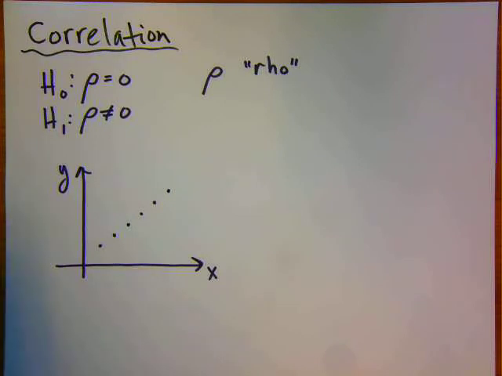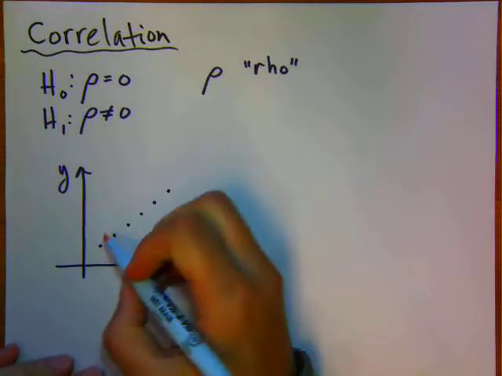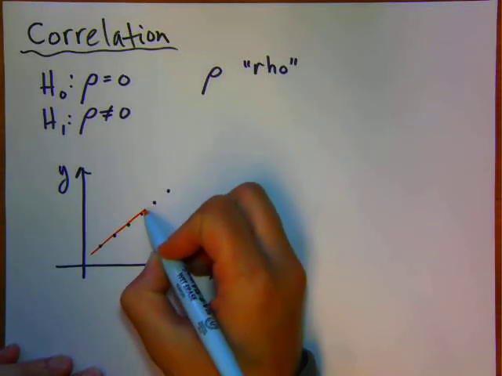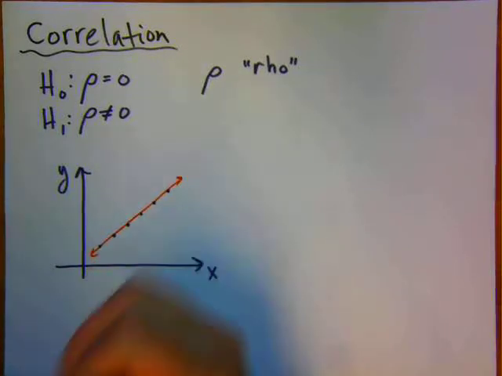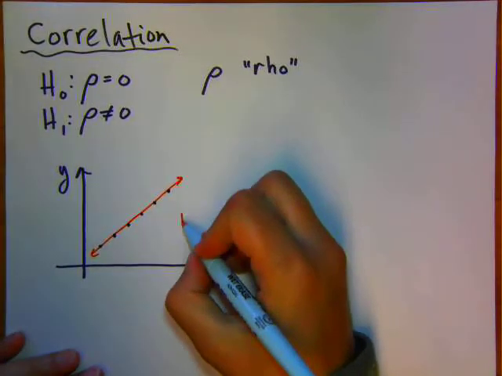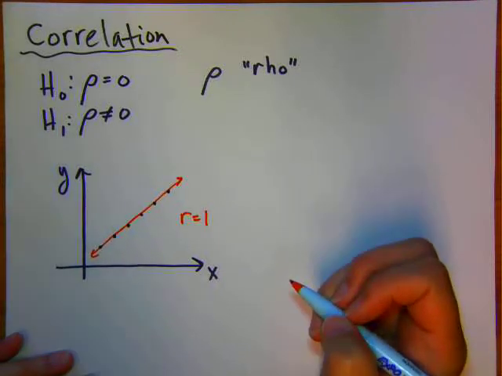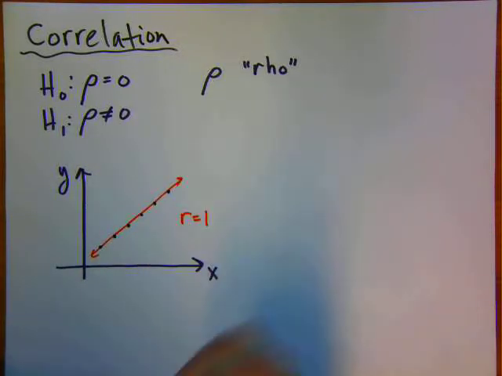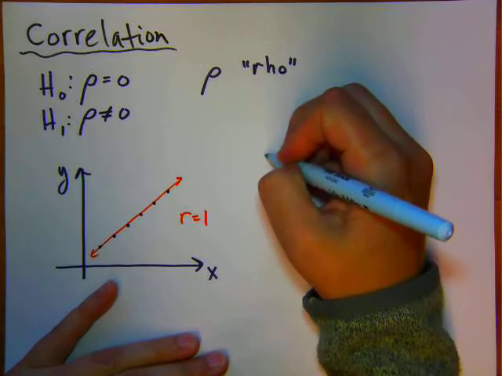And our goal is to see if there's a relationship between x and y axes here. When we get all of our dots in a nice straight line so that they line up like this, we're going to have a correlation equal to 1. If they were all going downhill in a perfectly straight line, we'd have a correlation of -1.